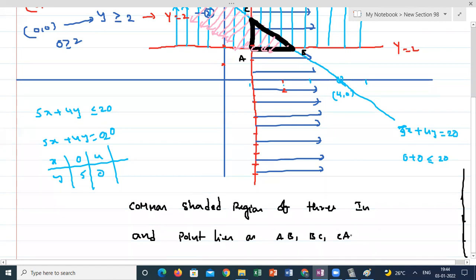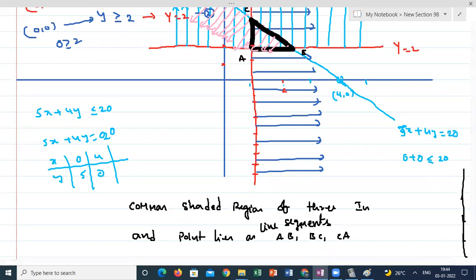That's it. The points lie on line segments, not lines here. Not all the points on the line AB; line segments are mentioned.